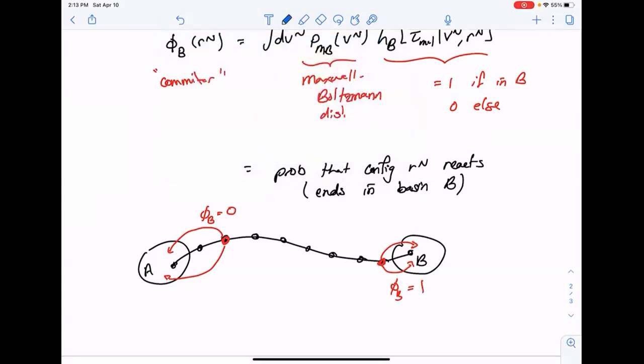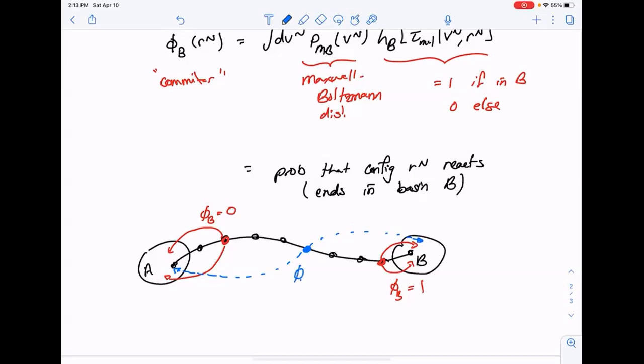For a reactive trajectory, there exists at least one configuration, let's imagine it's this one, where if I play the same game, some realizations of the velocity distribution will cause the reaction to occur. Others will not.